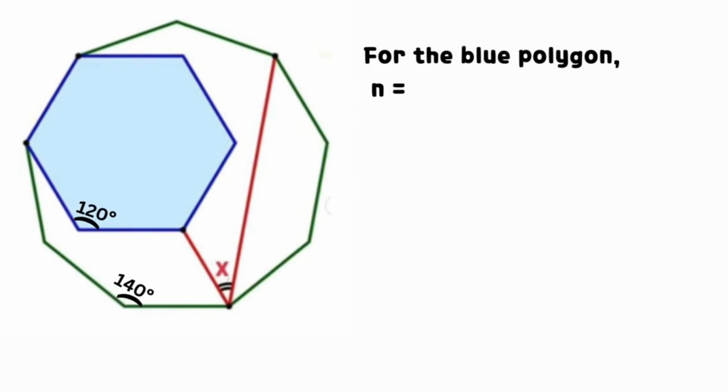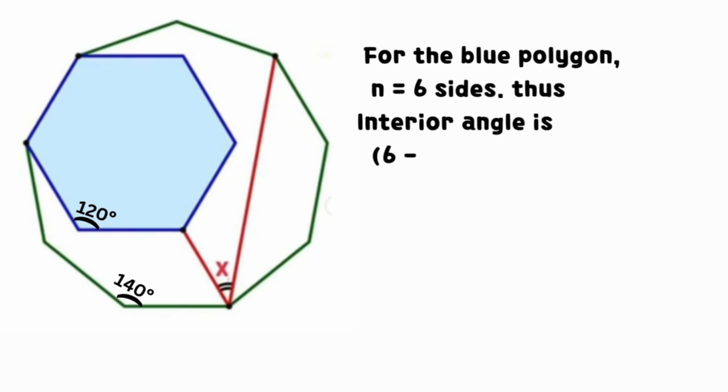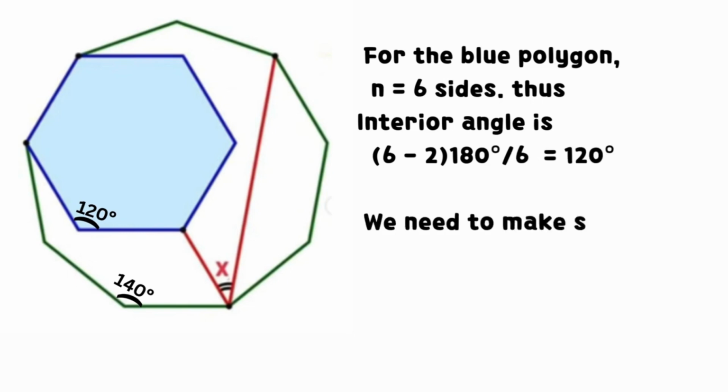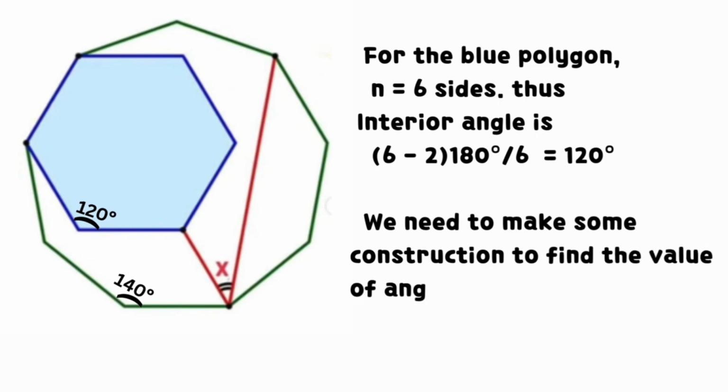For the blue polygon, n equals 6 sides. Thus, interior angle equals 120 degrees. We need to make some construction to find the value of angle x.